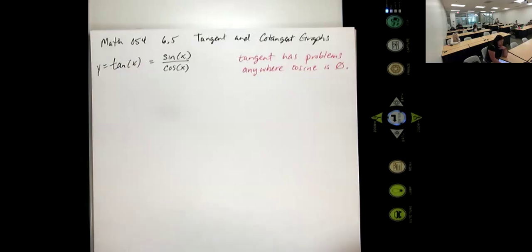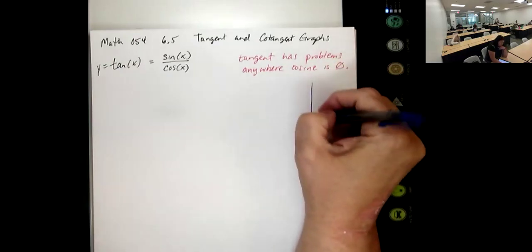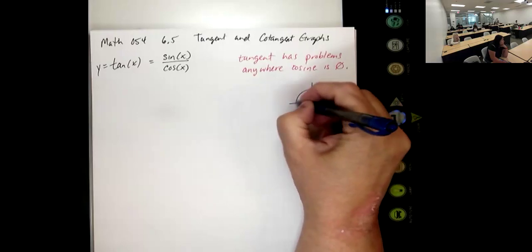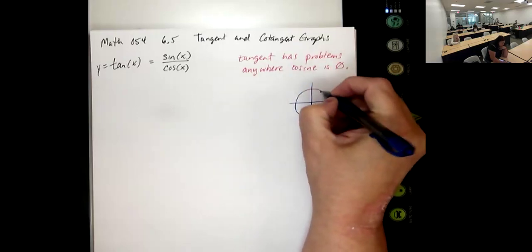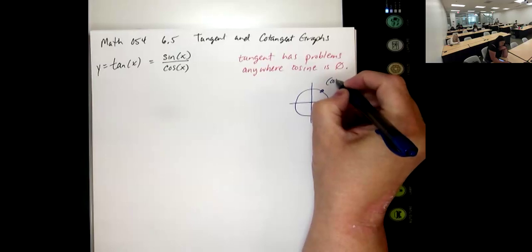And if we think of our unit circle, any point on the circle is cosine theta, sine theta.